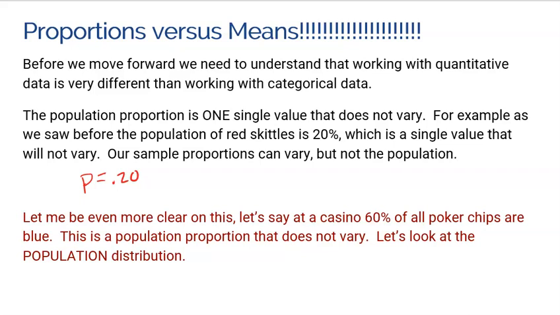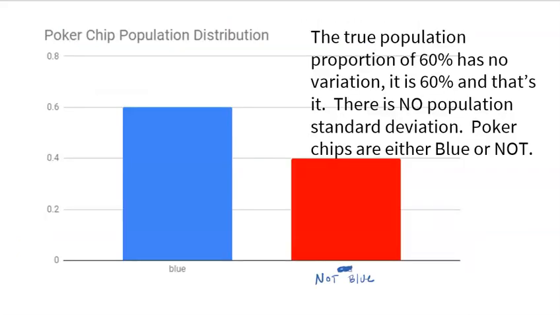Let me make this even more clear. Let's say a casino has tons and tons of poker chips, and 60% of all the poker chips are blue. Okay, again, this is a population proportion that does not vary. Let's look at a picture of it. Here it is. Very basic picture. This is all the poker chips out there. 60% are blue, and the remaining 40% are not blue.